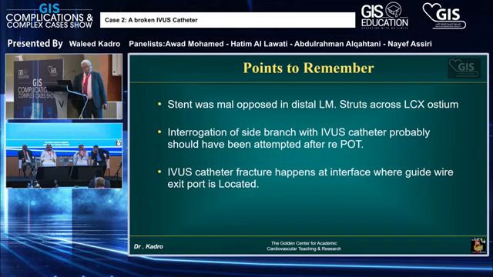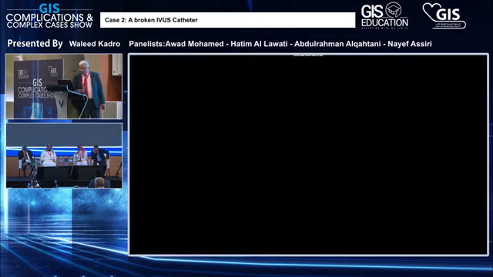Sure. Thank you, Dr. Walid. I have a question with regard to your approach here. Why didn't you consider going through the struts, opening them, and doing culotte, for example, instead of trying to crush a stent in the left main, adding more layers at this area that is very important? Yeah, I told you this is plan B, but I couldn't go through the stent.